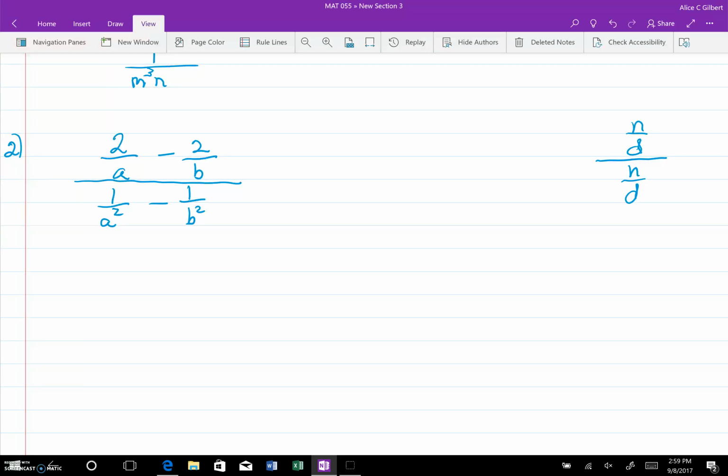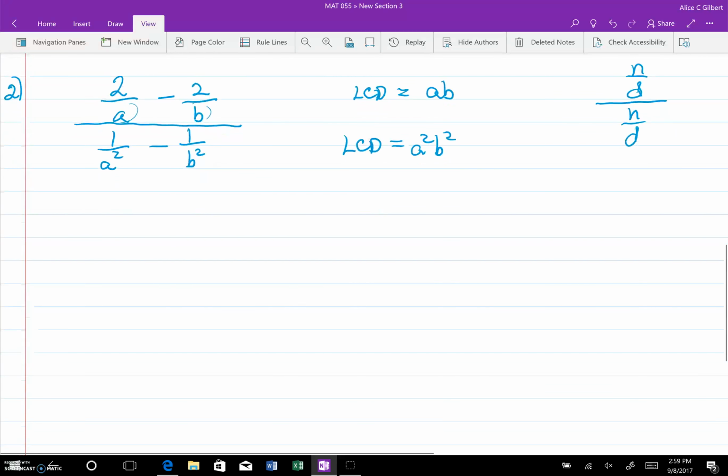So I have to start by saying, okay, and this in the numerator is an expression, not an equation, so I need an LCD. Well, in the numerator here, my lowest common denominator is going to be a times b. My LCD in the denominator is going to be a squared b squared.